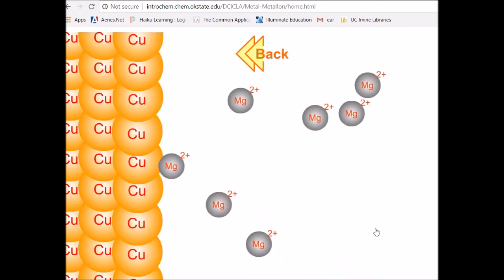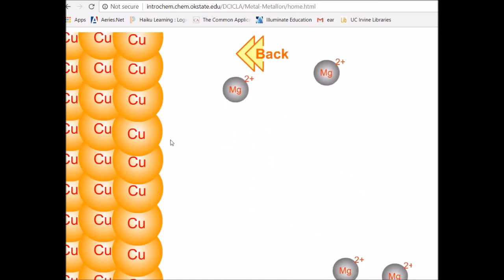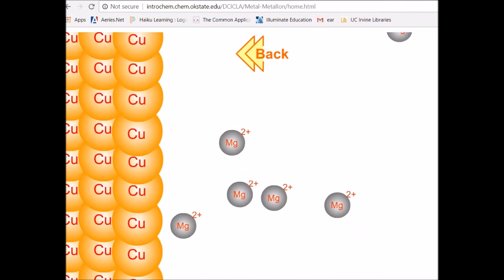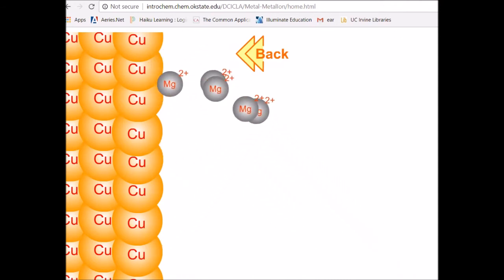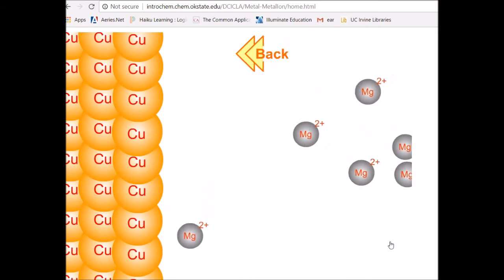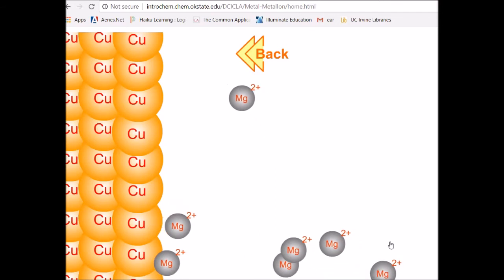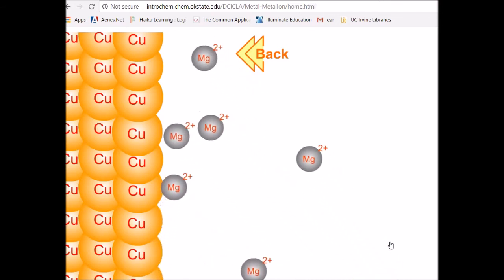Here you can see lots of collisions. The magnesium ions are frequently bouncing into the copper metal, but none of these collisions are productive. 0% are productive collisions. That's also not realistic.